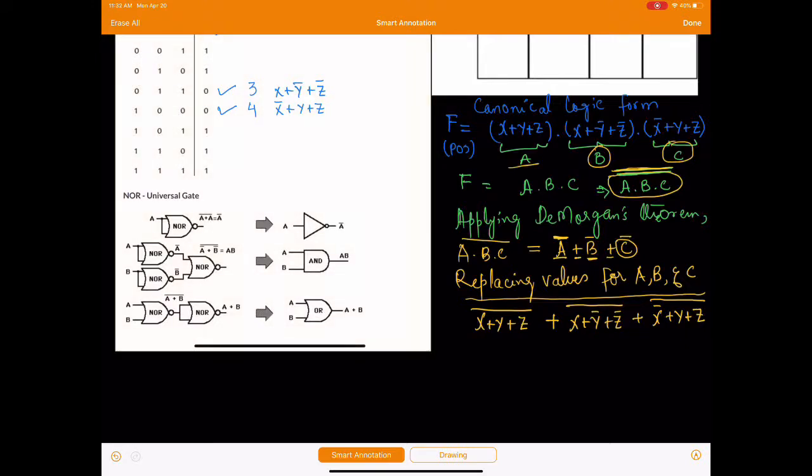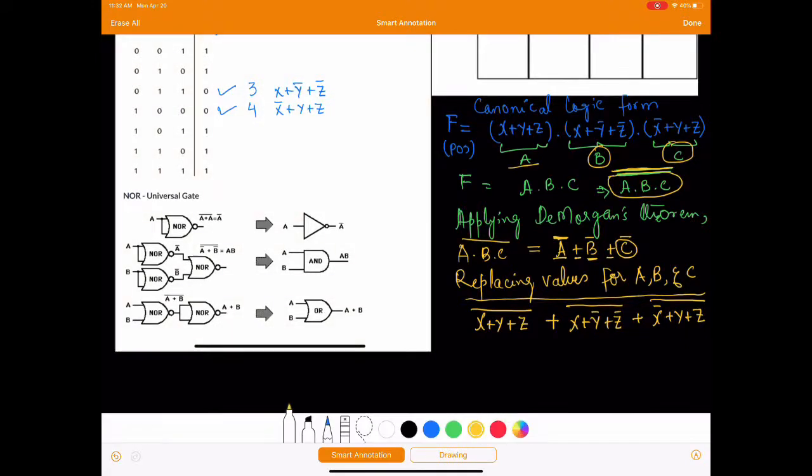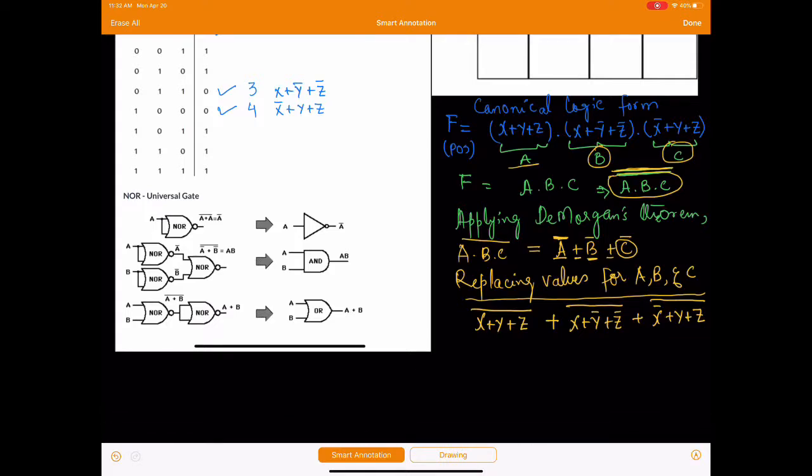All right, now if you notice, this actually makes a NOR gate right here, because you have this plus sign and then you have the bar on top of this thing. So let's make a NOR gate. This makes another NOR gate right here.